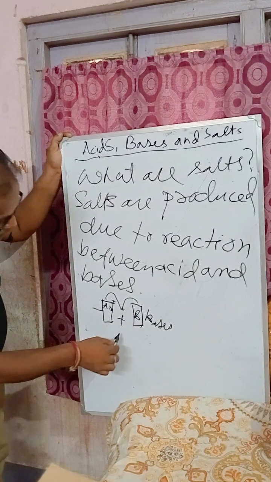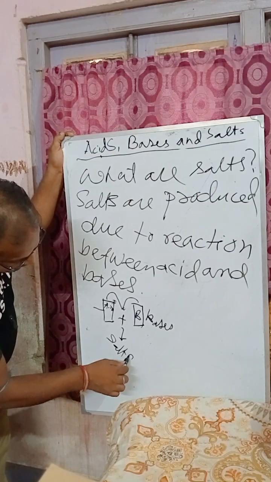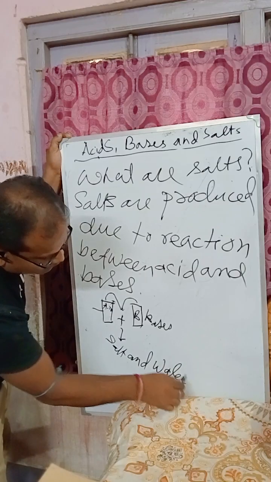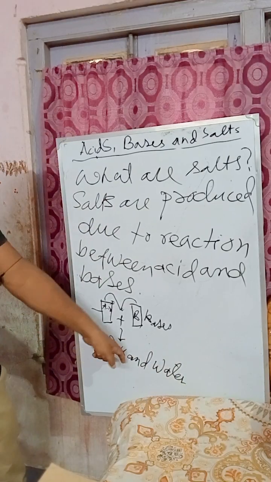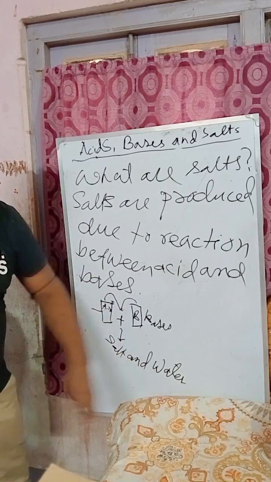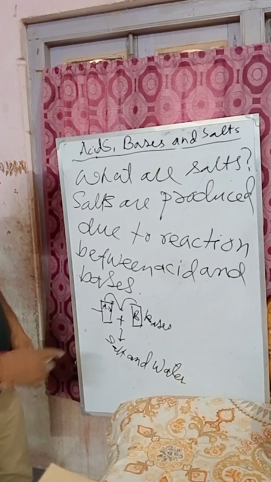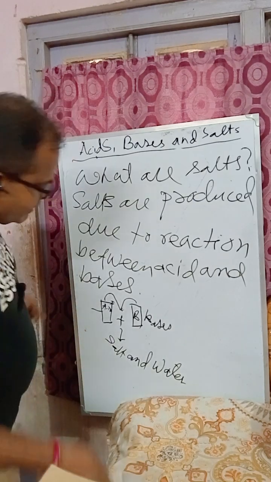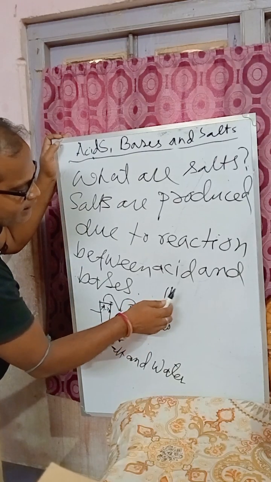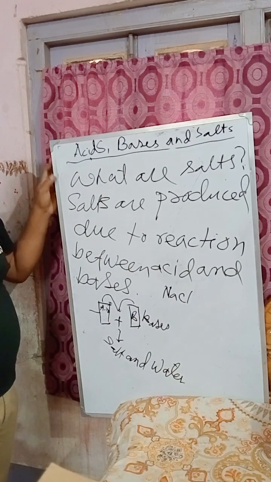The result will be the production of salt and water. Due to reaction between bases and acids, you get salt and water. Have I cleared your doubt? The chemical name of salt is NaCl, sodium chloride.